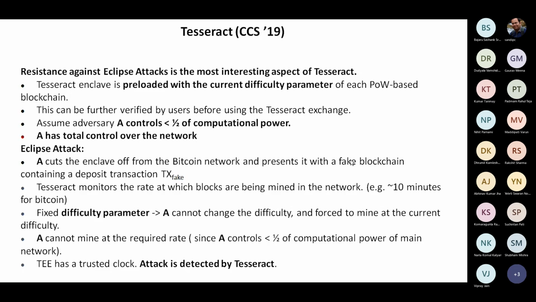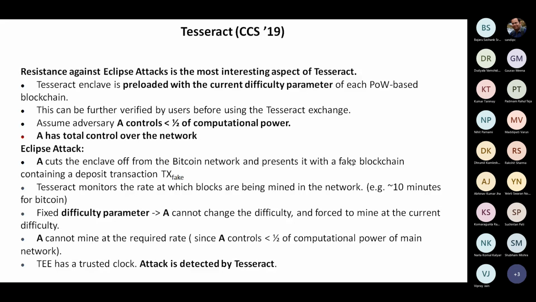Now, coming to the Eclipse attack, resistance against this is important, because if you remember, in an Eclipse attack, the attacker will try to isolate this node from the rest of the network and then feed different transactions to this victim node.